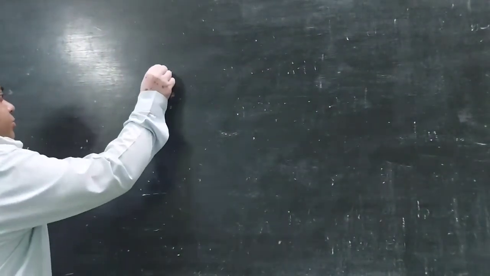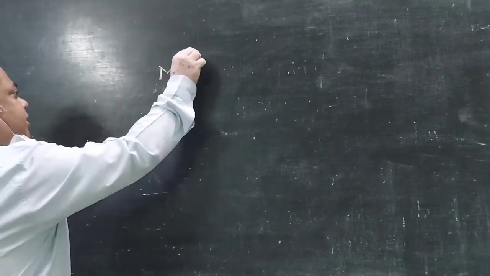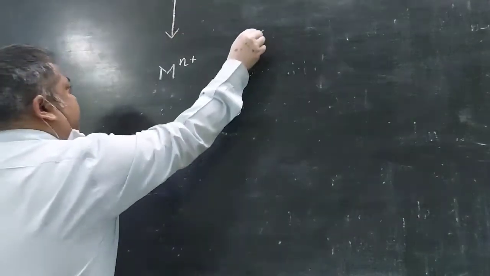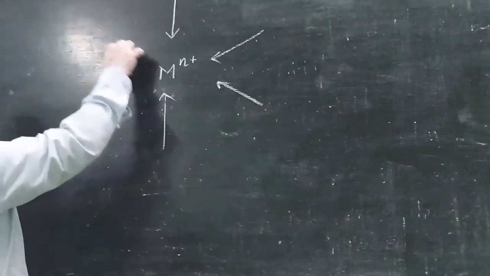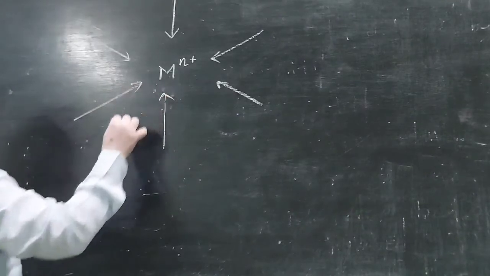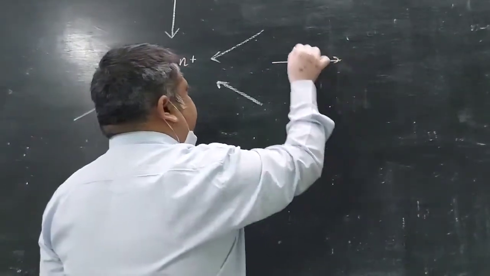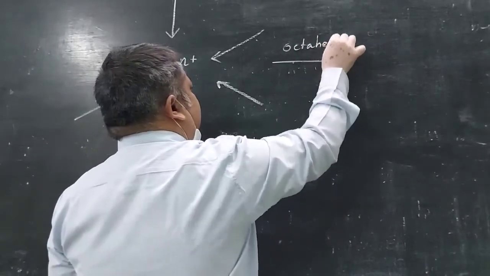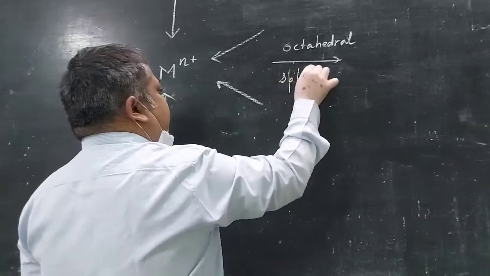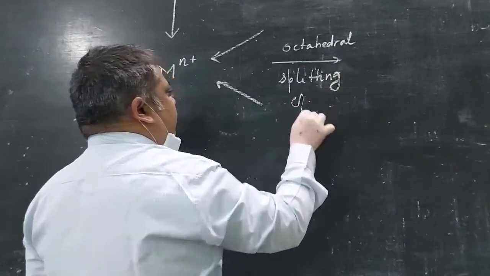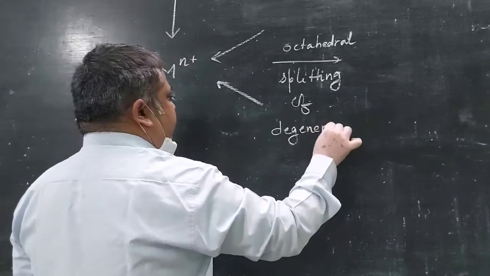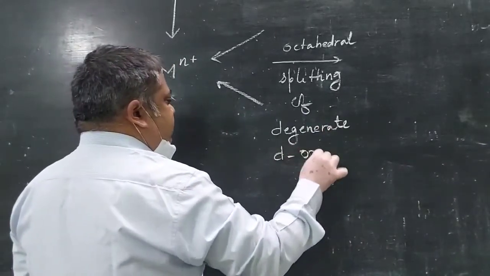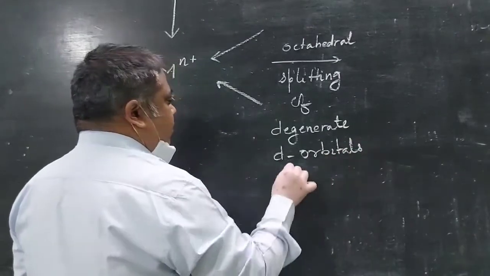In crystal field theory, we had seen that if in any central metal ion the ligands come from the directions octahedrally, then octahedral splitting of degenerate d orbitals takes place.